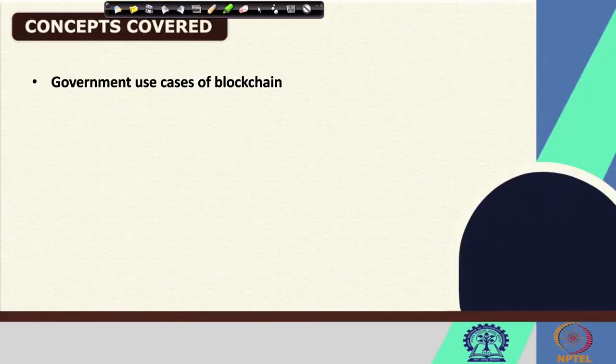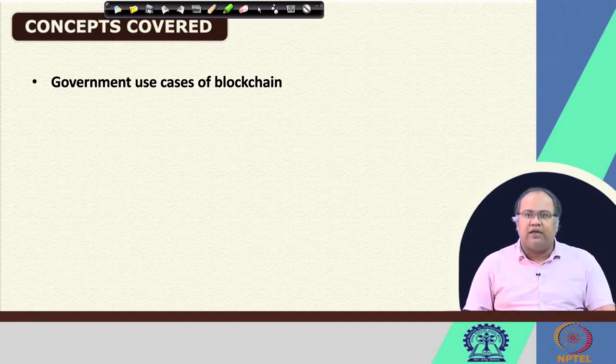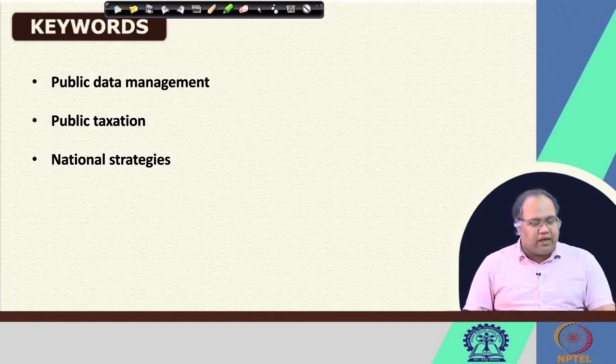So, this is the topic that we are going to cover today, the government use cases of blockchain, and these are the corresponding keywords. So, we are going to talk about public data management, or how data management is done for the government databases, and how that can be envisioned on top of a blockchain based architecture. Then the concept of public taxation like the GST, and how blockchain can simplify the taxation procedure.